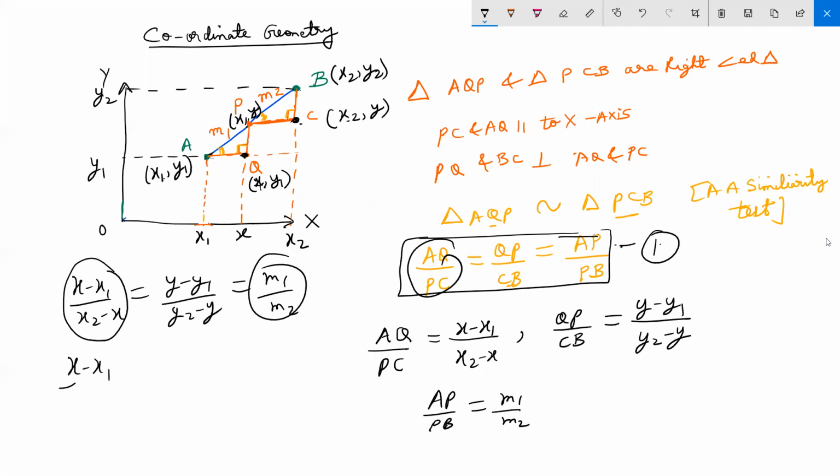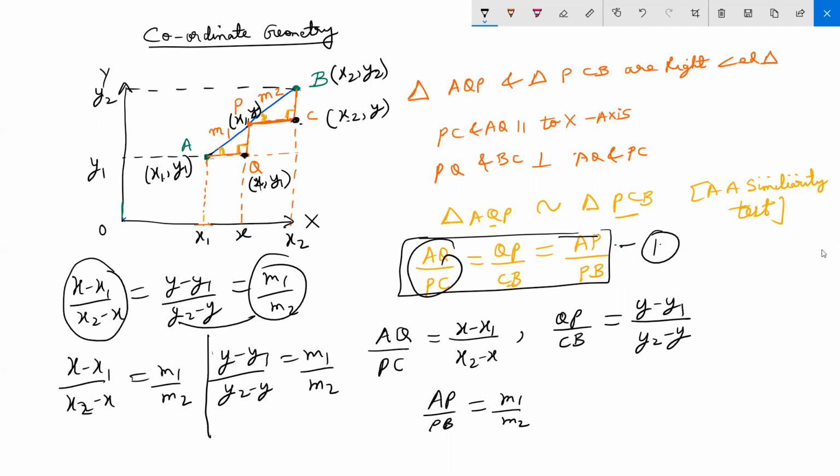So x minus x1, is it clear? And then you equate these two ratios, y minus y1, in this way I am proceeding further.